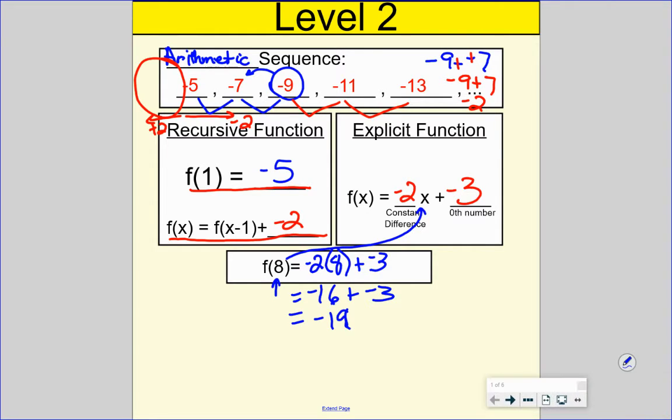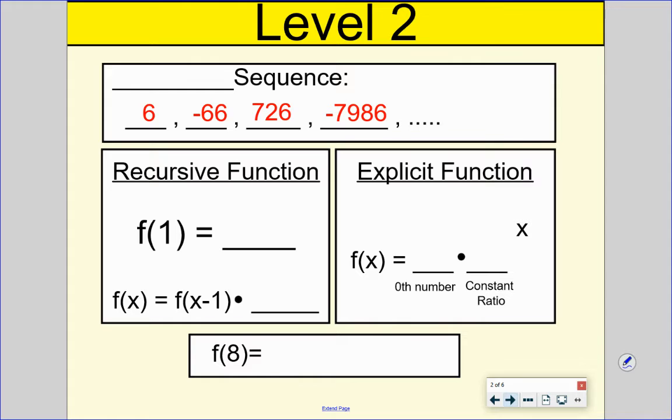All right, moving on. Here is another sequence, 6, -66, 726, and so forth. There are big hints here as well to determine whether it's an arithmetic or a geometric sequence. In this recursive function, we see that our first term in the sequence is 6, and then it states f of x equals f of x minus 1 times.